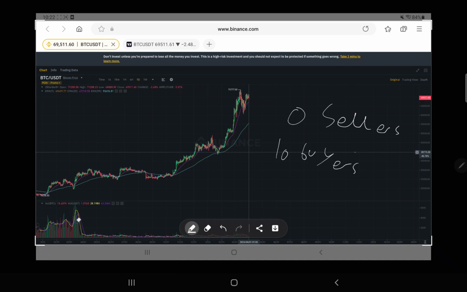Because there's nobody selling, and there are a bunch of people willing to buy, that's why we get such high volume. Now, for example, there's only one buyer over here. There's much less buyers, but still, no one's really willing to sell. 0 sellers.